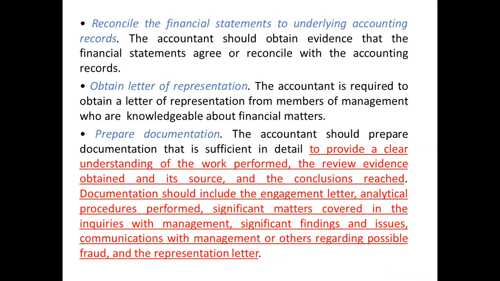The next requirement: prepare documentation. The documentation includes the letter of representation, the engagement letter, the types of evidence accumulated to review the financial statements, and any other evidence accumulated to form his opinion concerning the fairness of the financial statements.